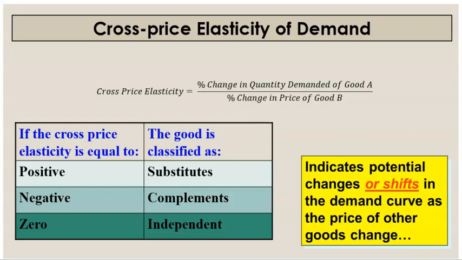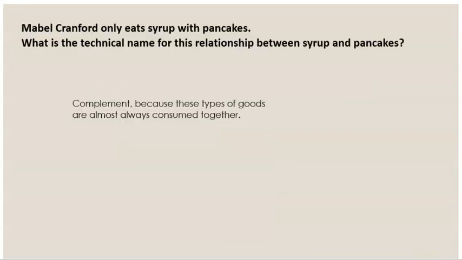So let's work through a problem about pancakes and syrup. What technical name would you give to the relationship between syrups and pancakes? Well, it's a complement good, because both of these goods are usually consumed together but not separately.